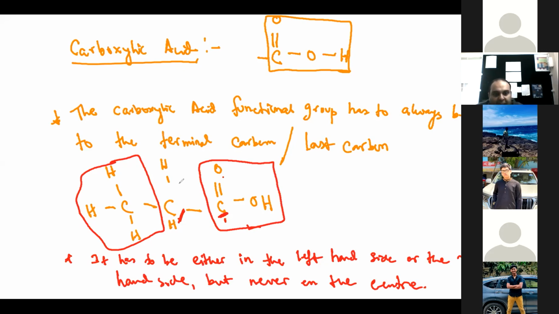So methanoic acid is 1 carbon with C double bond OH. Each carbon can have a maximum of 4 bonds. So here 2 bonds, here one bond, and here one bond. 4 bonds.